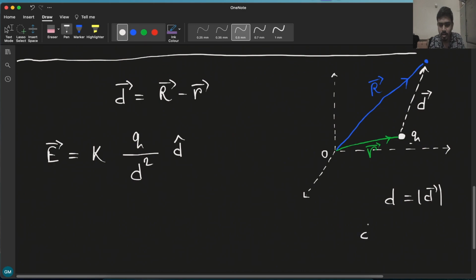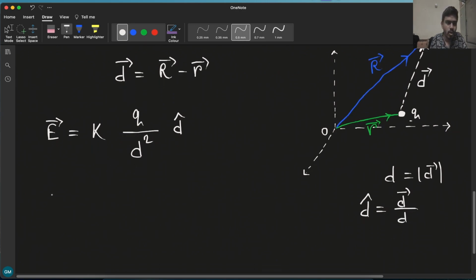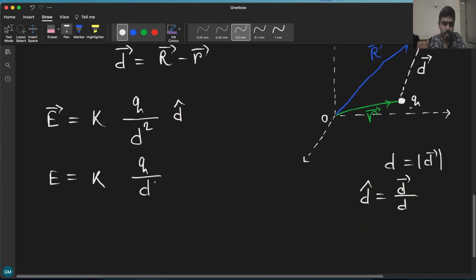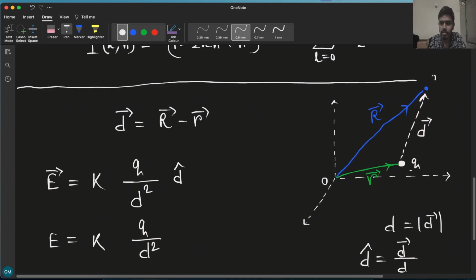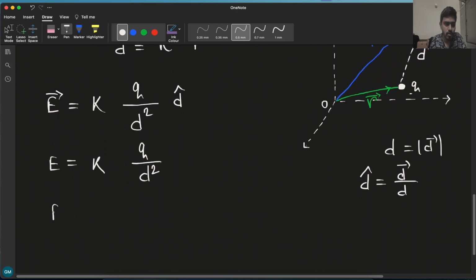What is d hat? d hat is the unit vector along D. If I am interested in only the magnitude, then it is just K q by d square.